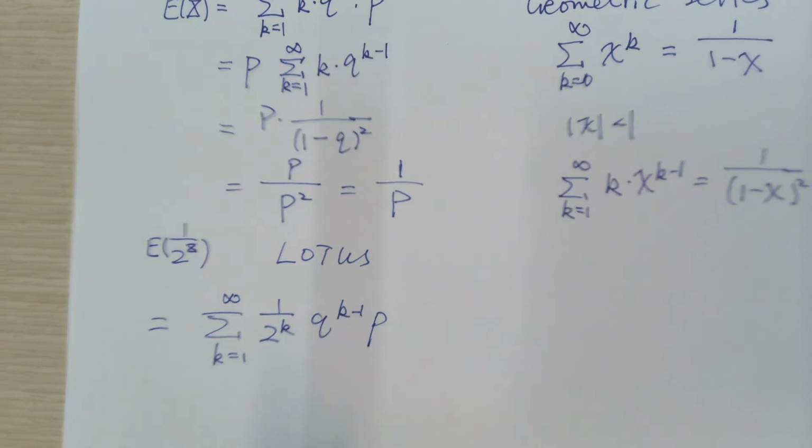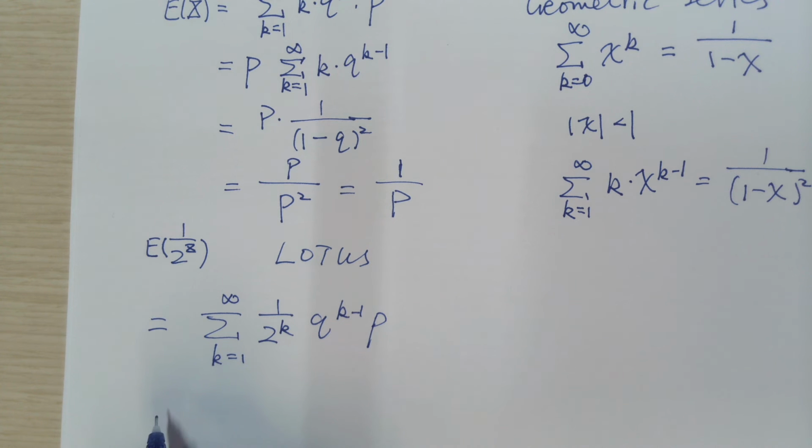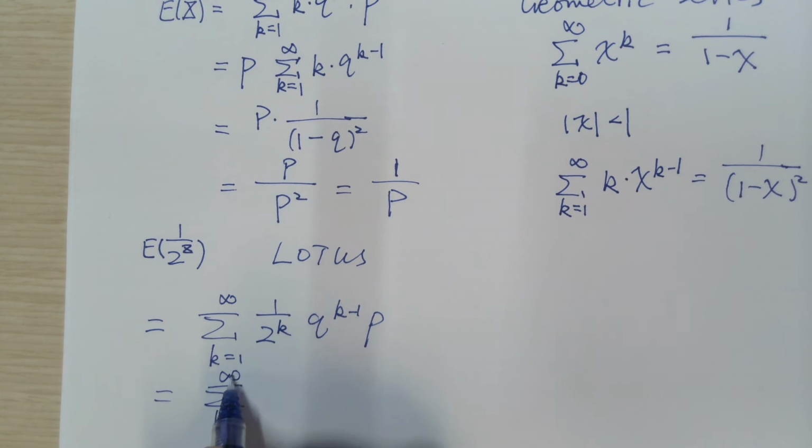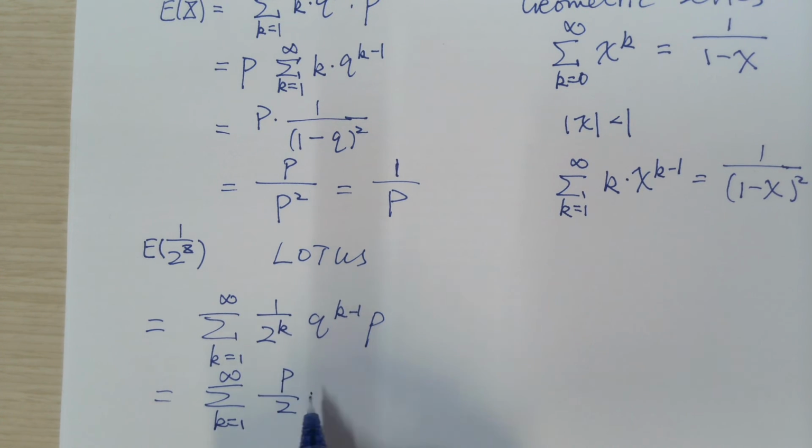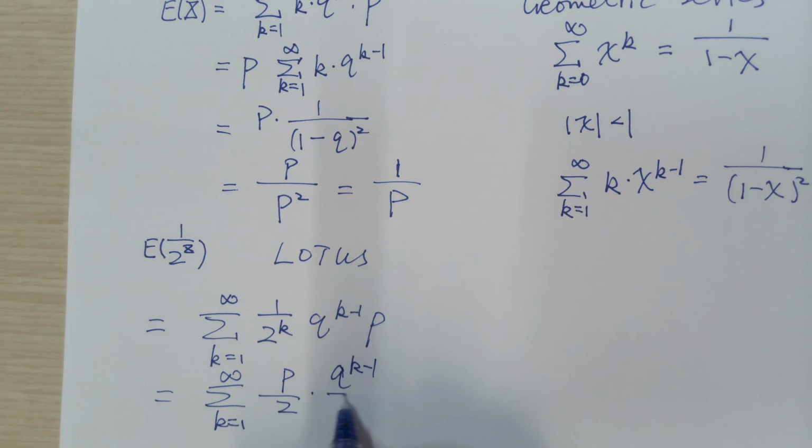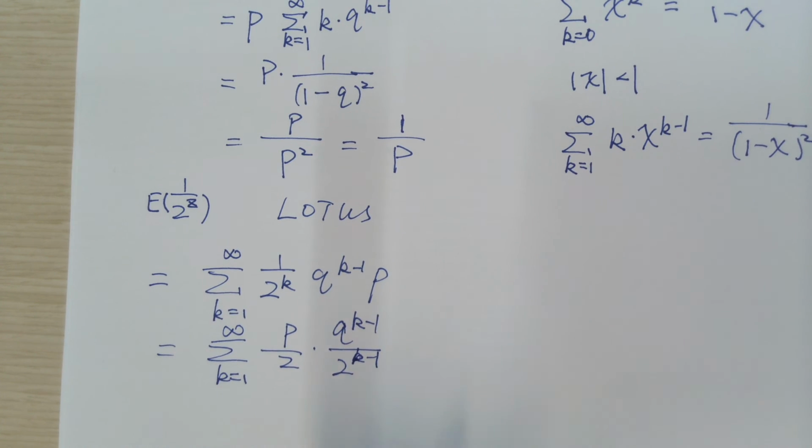Okay. And you can reorganize this as p over 2 times q^(k-1) over 2^(k-1).